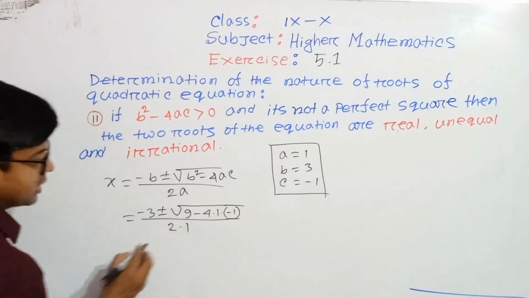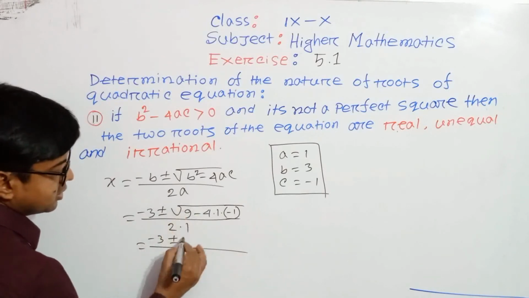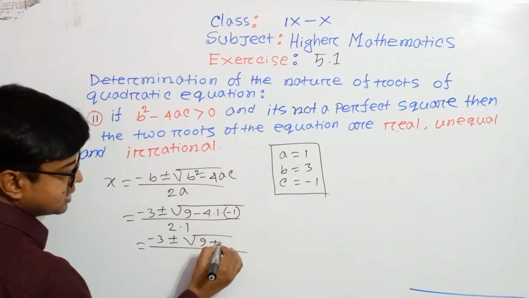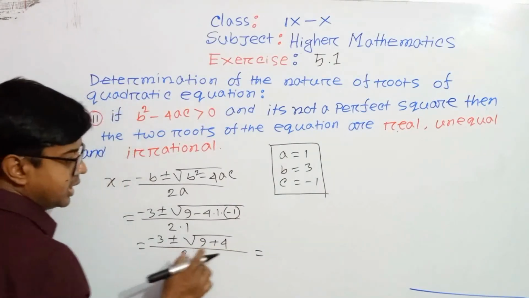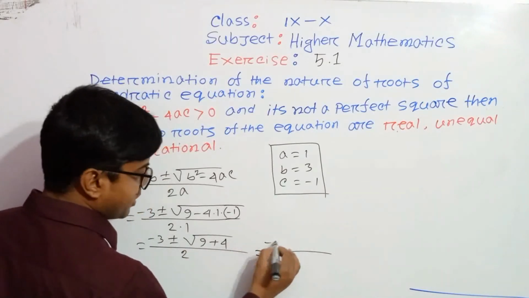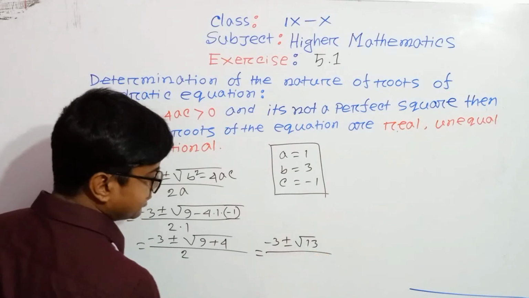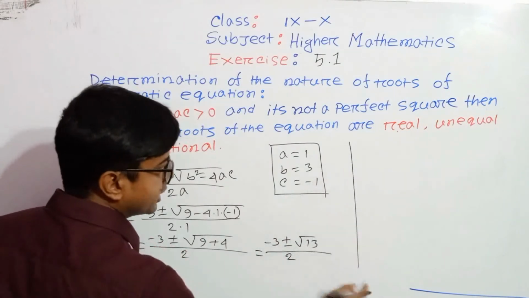Okay, now calculation: minus 3 plus or minus square root of 9 plus 4, by 2. Here, minus 3 plus or minus square root 13 by 2. Look at this.